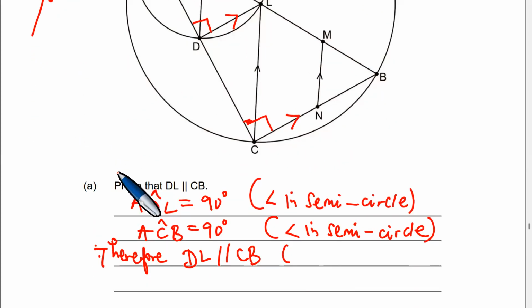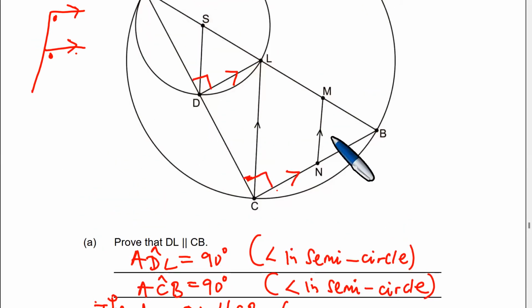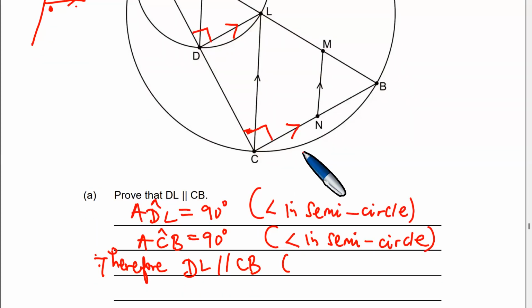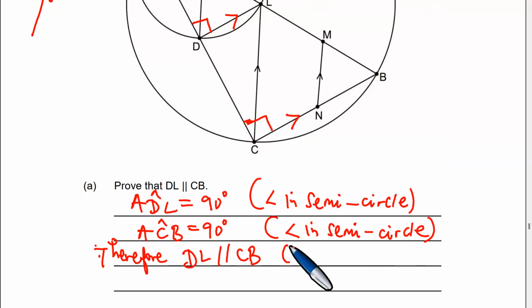So DL is parallel to CB, and it is the converse of the following statement: corresponding angles are equal.